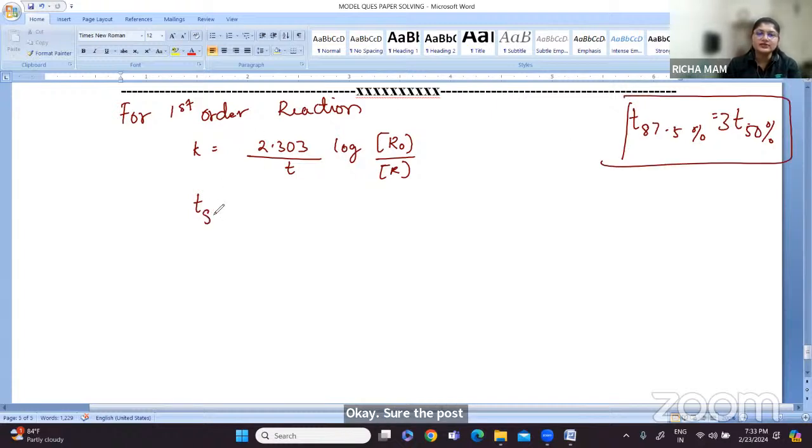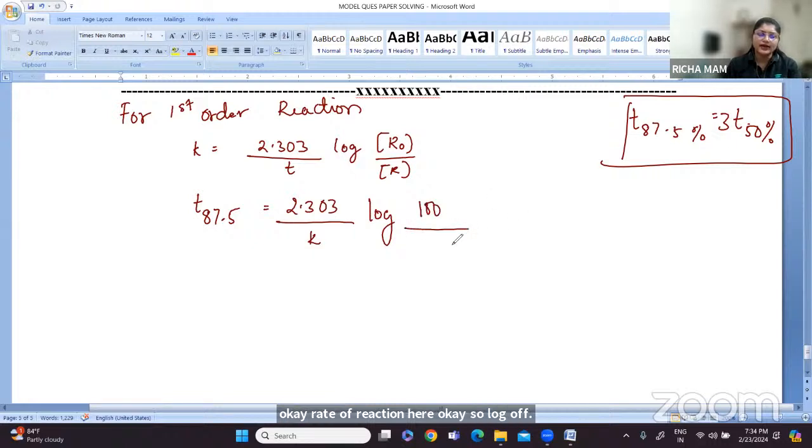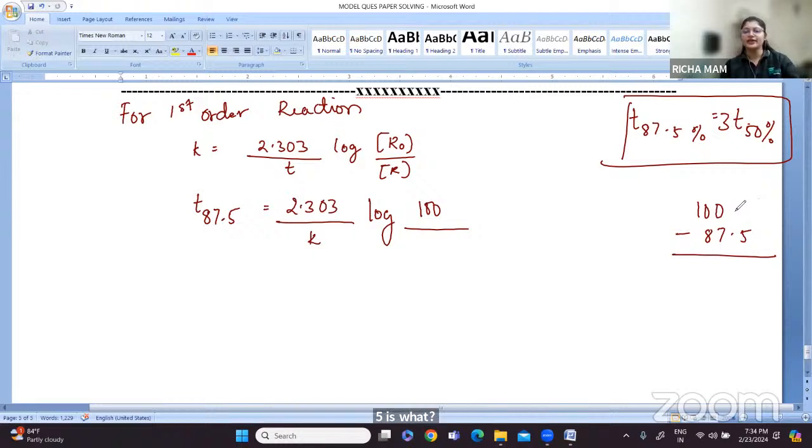So t 87.5 is equal to 2.303 by k, because we have taken this t here and the rate constant k here, times log of R naught by R. R naught will be 100, and R will be 100 minus 87.5, which is 12.5.